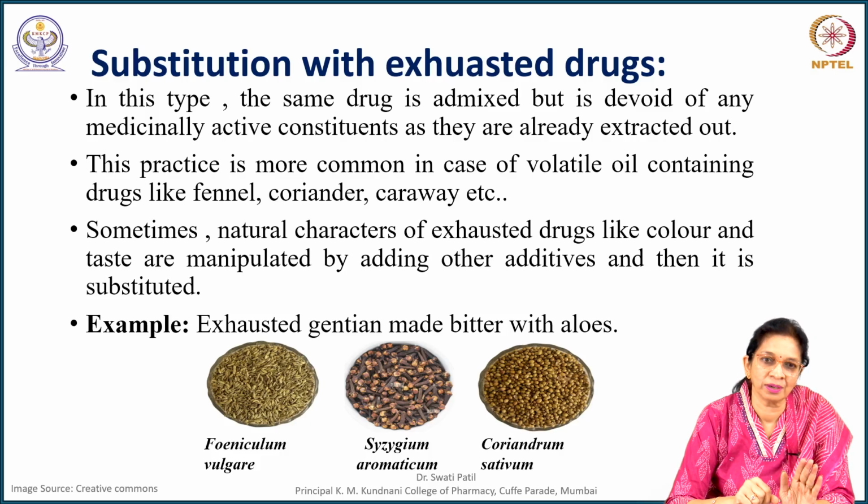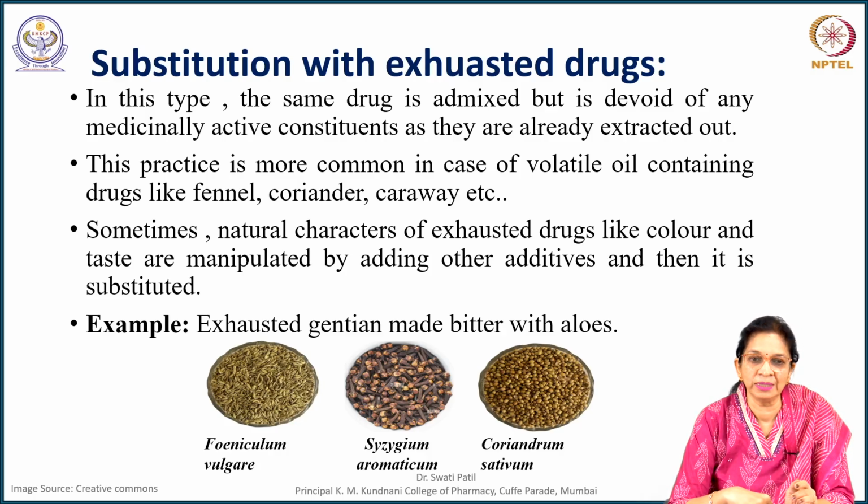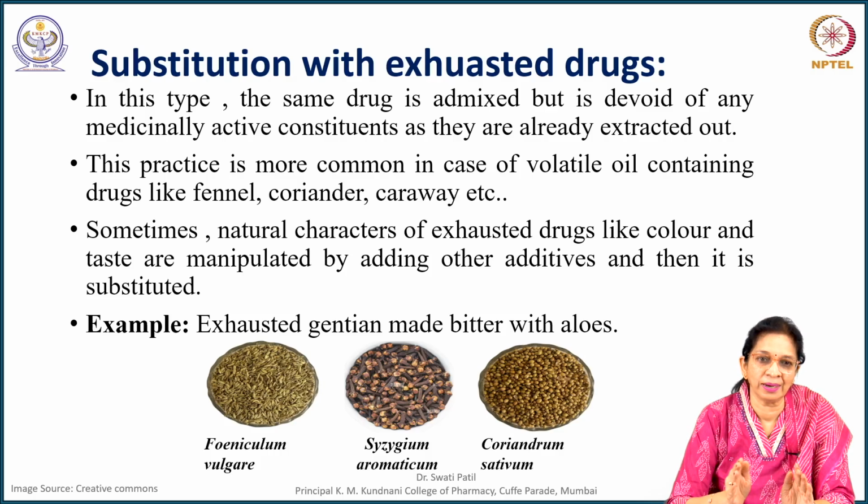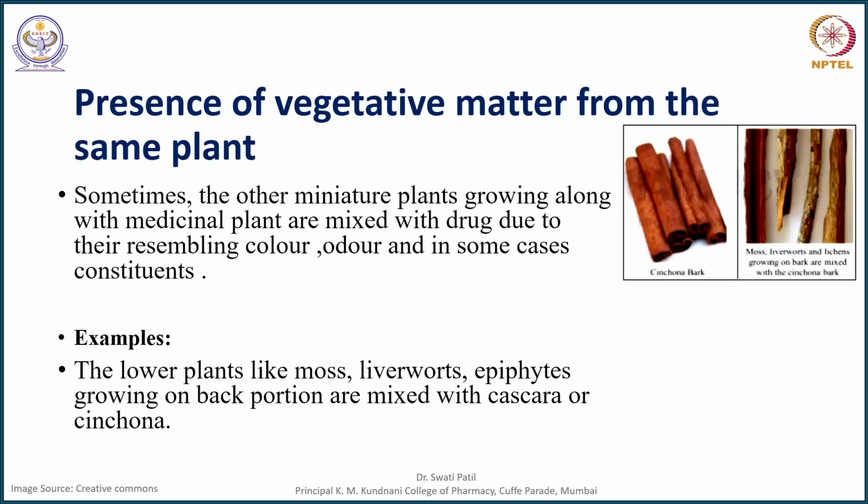Coriander does not contain coriandrol because the amount of volatile oil is less in an exhausted coriander, and similarly is the case with caraway or clove, where the volatile oil is lost. So, the natural characteristics of exhausted drugs like color and taste are manipulated by adding other additives. For example, exhausted gentian is made bitter with aloes.